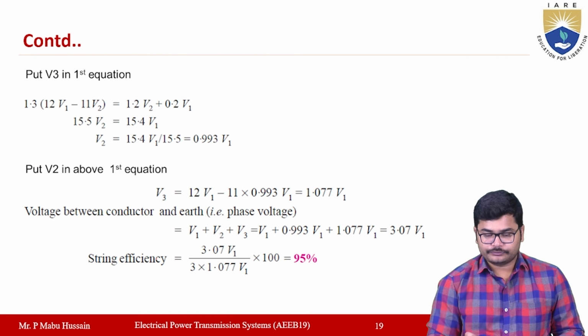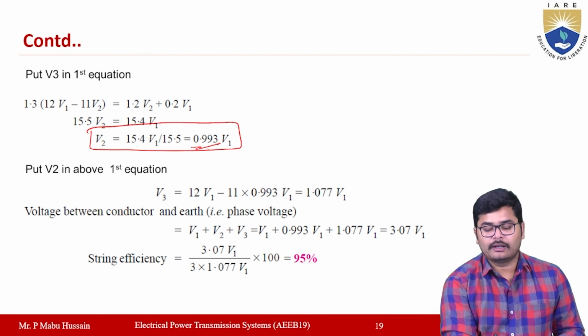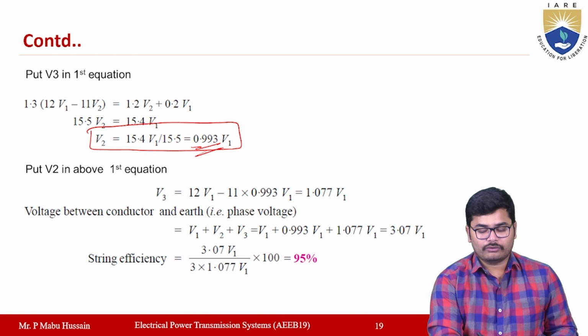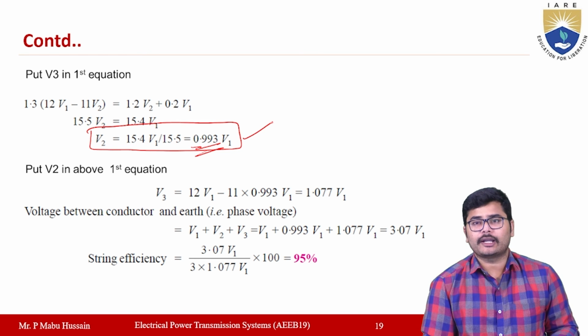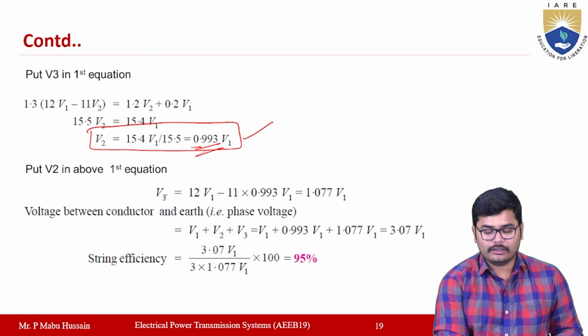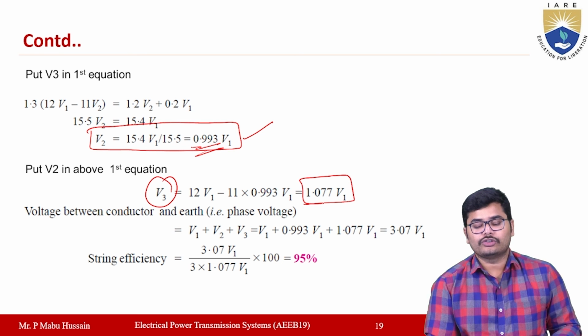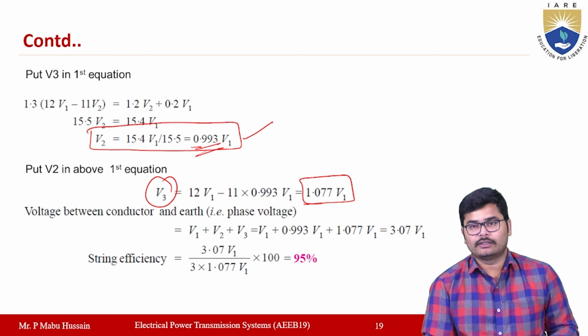Then you will get V2 in terms of V1, which is equal to 0.993 V1. Now substitute this V2 in the second equation, and then you will get the value of V3 in terms of V1, which is 1.077 V1.